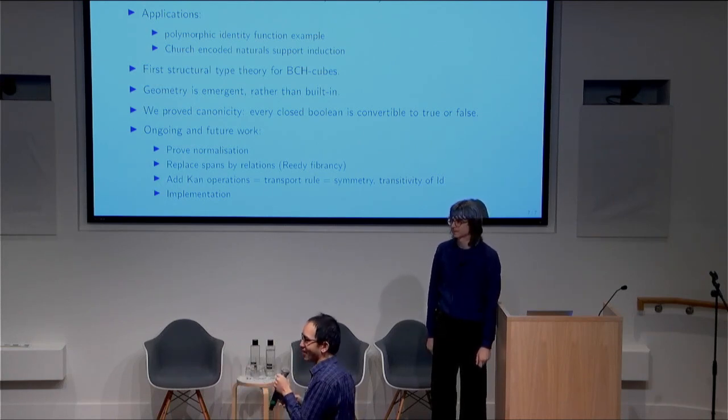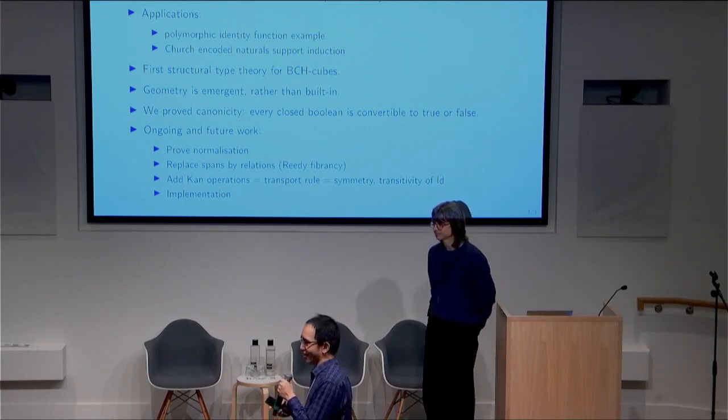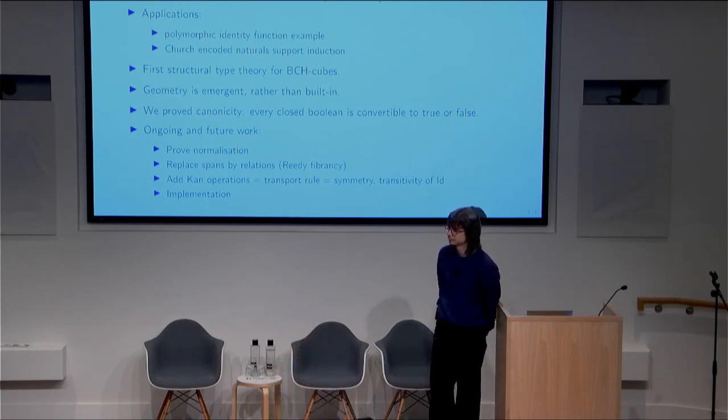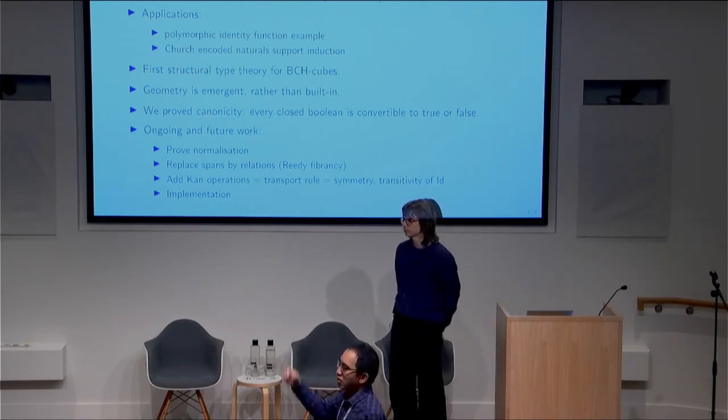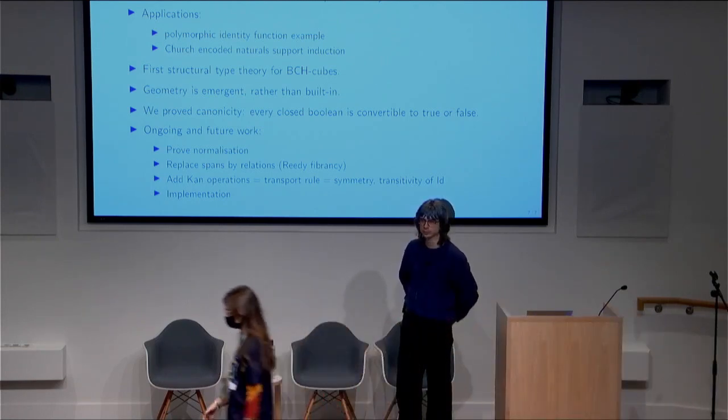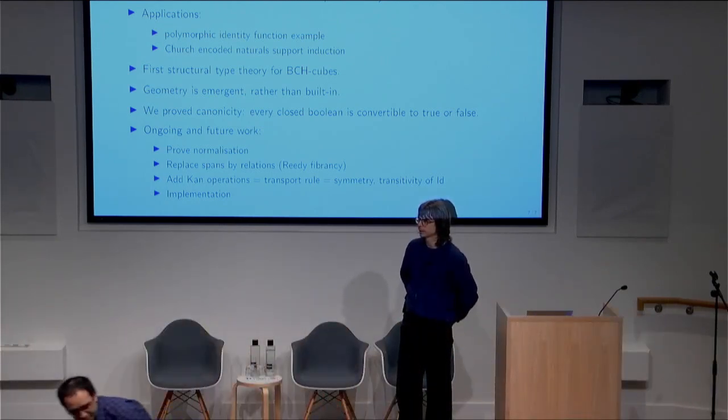So the fact that this is a structural theory suggests that it might be easy to implement in a real implementation. So do you agree, or do you see obstacles to implementation? Yeah, so you have more neutral terms. So I think the techniques by Conor McBride and others on new equations for neutral terms, those are the kind of techniques that you need to employ, but it should be easy.